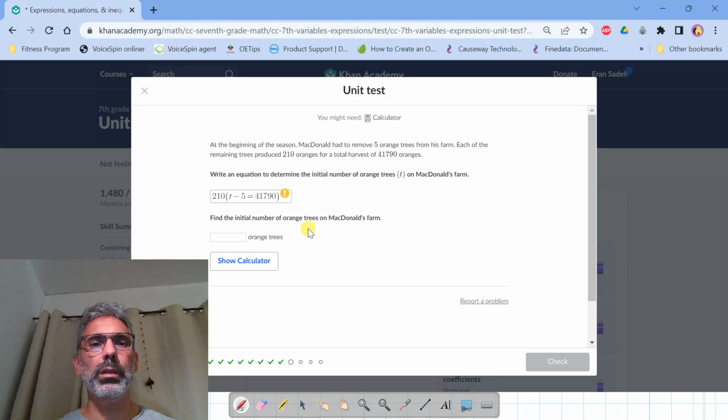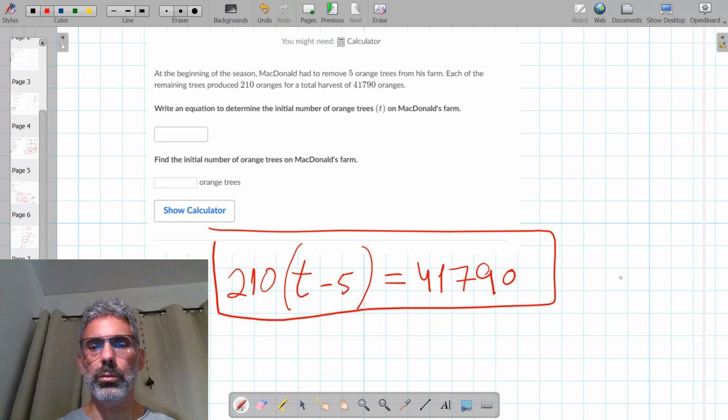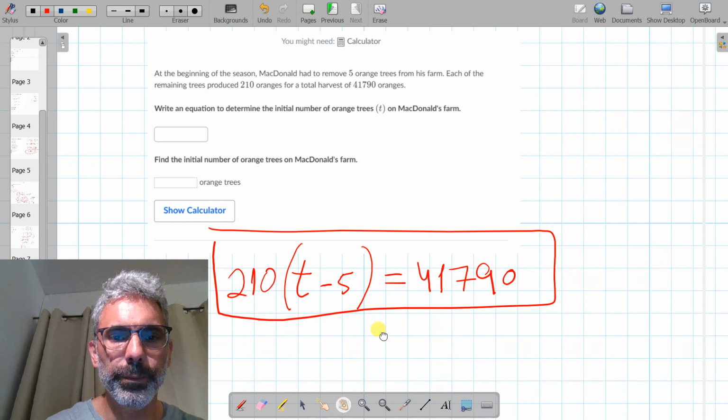Okay, find the initial number of orange trees on McDonald's farm. Okay, so we need to solve for T.